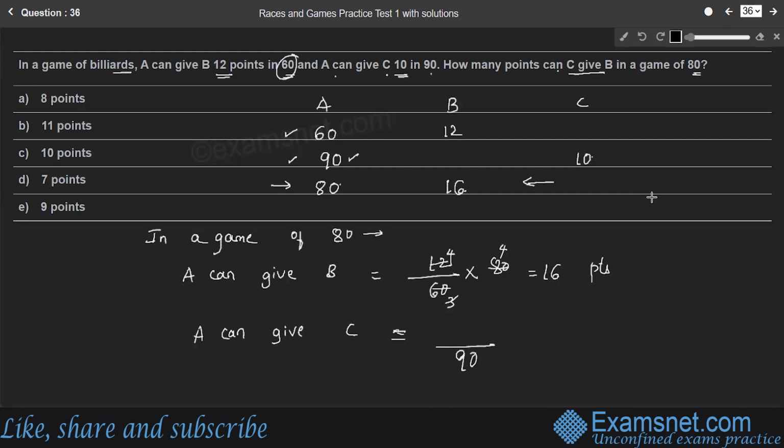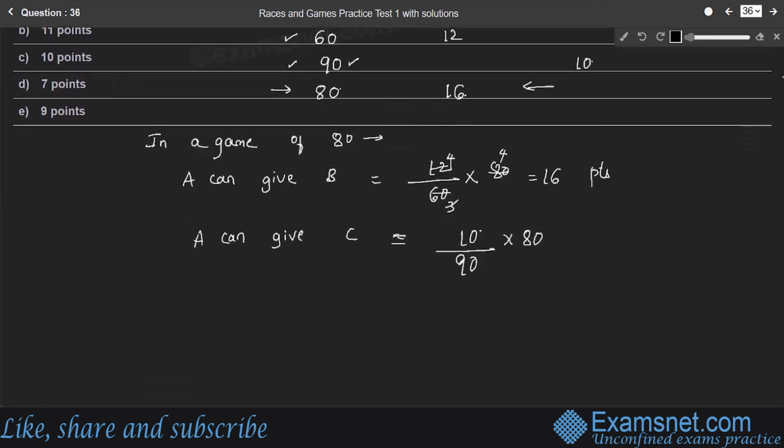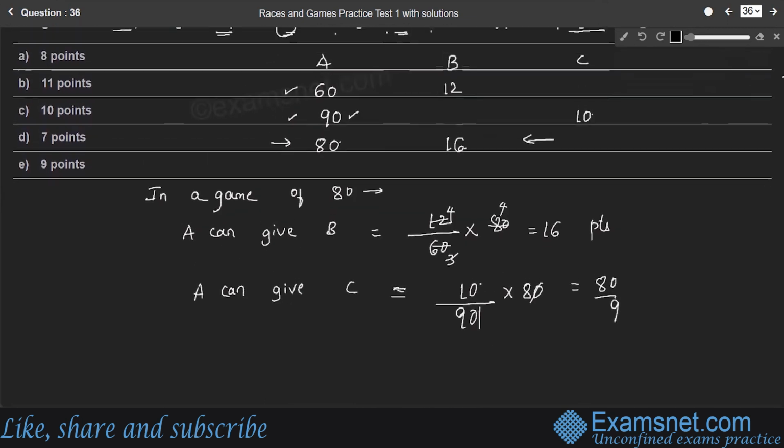In a game of 90, 10 points can be given to C by A. Therefore, in a game of 80, how many points can be given to C? It is 80 by 9 points that can be given to C by A.